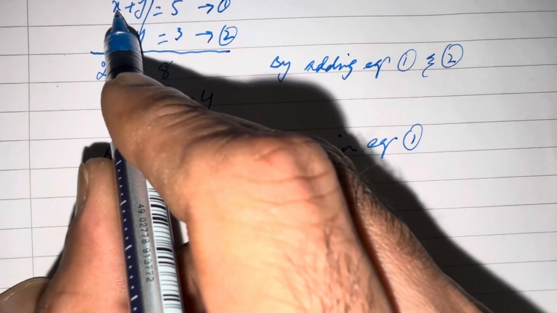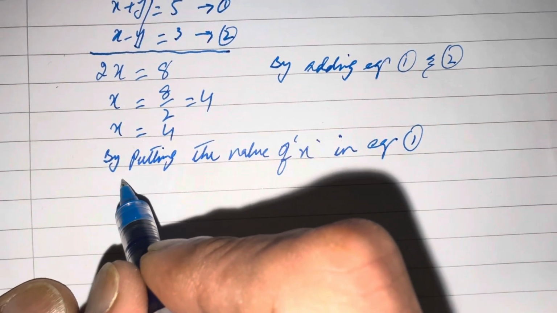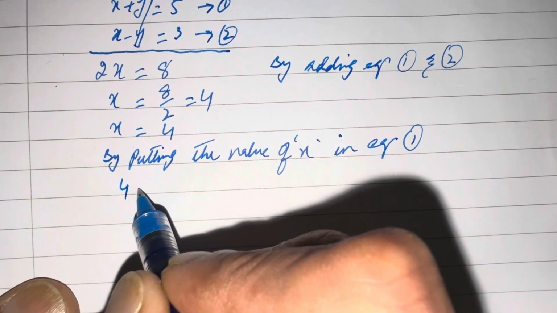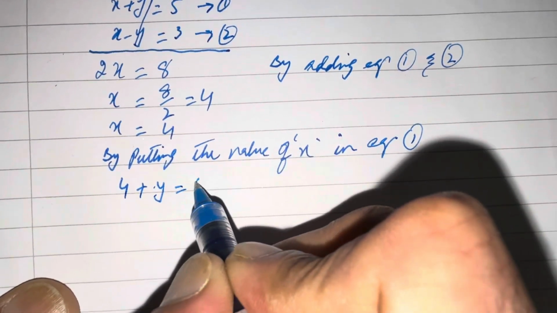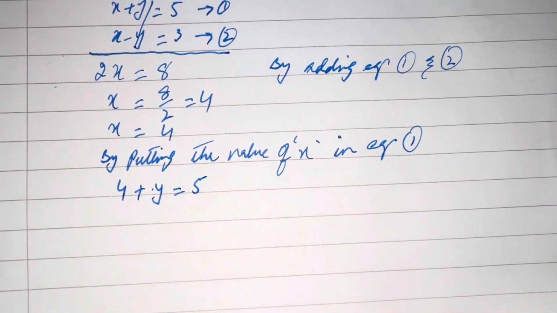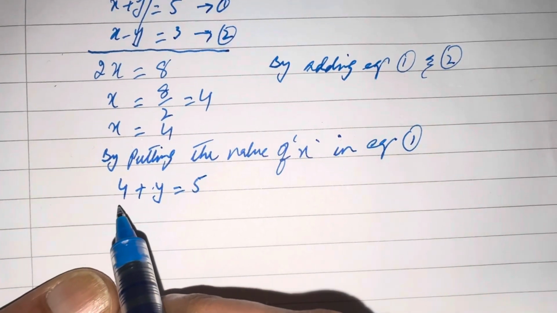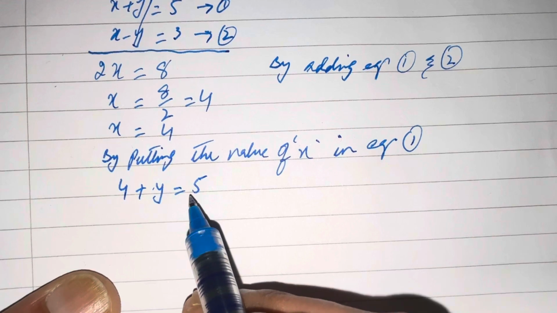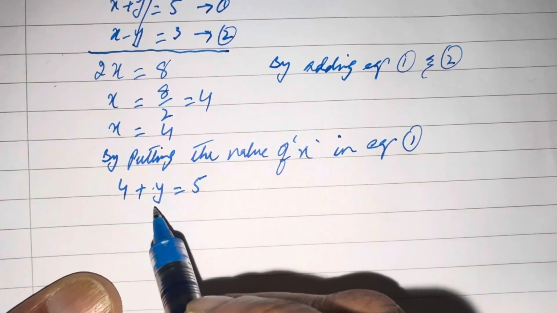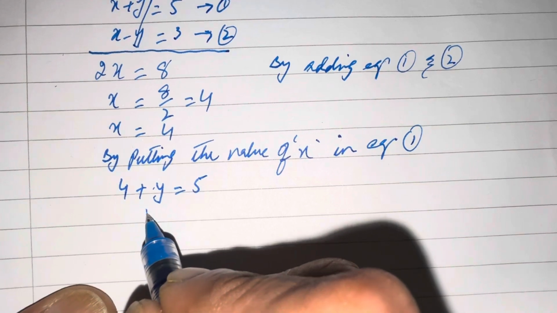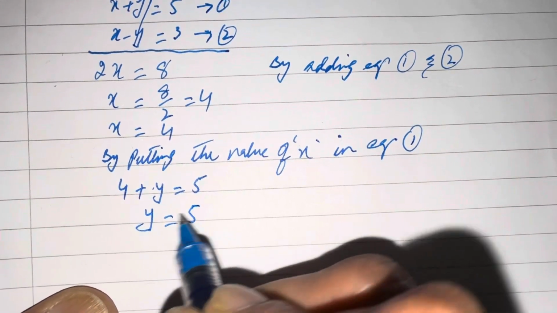If we put 4 in equation number 1 in the place of x, it becomes 4 plus y is equal to 5. We will take this 4 to the other side of the equation with the 5, because we have to find the value of y. So the value of y will be equal to 5.